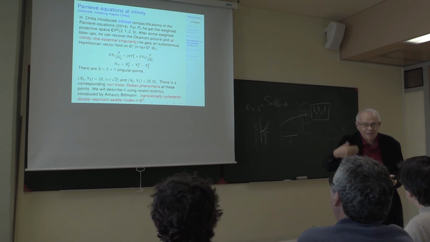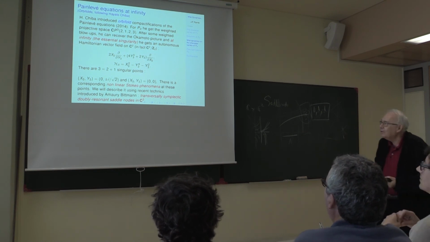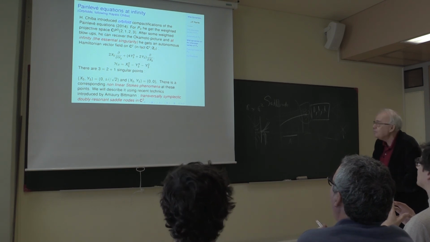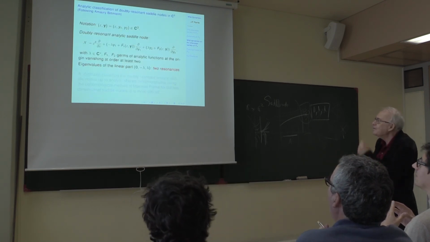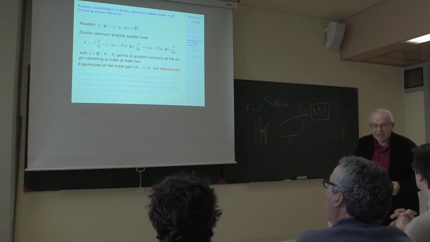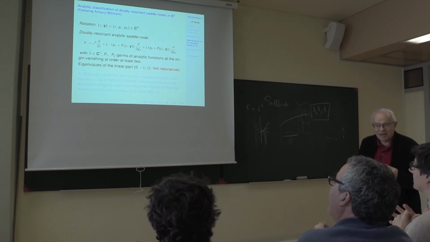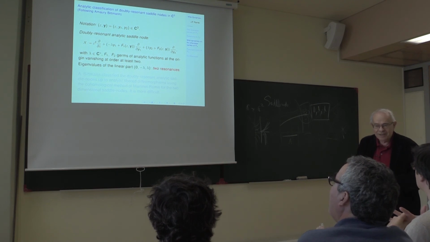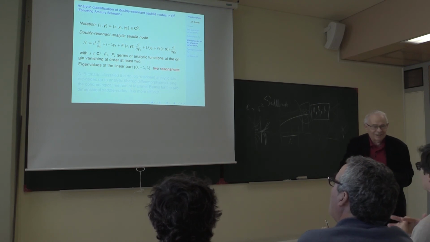So you have a double resonance. The problem is to understand how you can normalize and understand such a dynamical system in the doubly resonant case. Tomorrow I will explain how to do that.